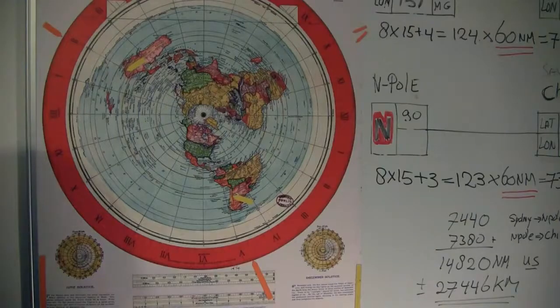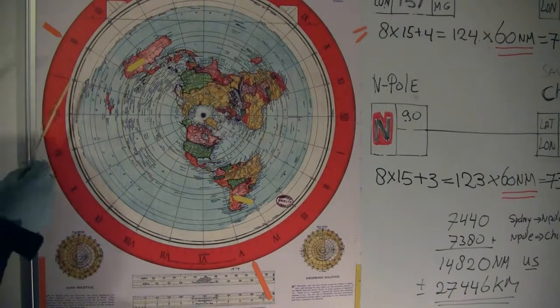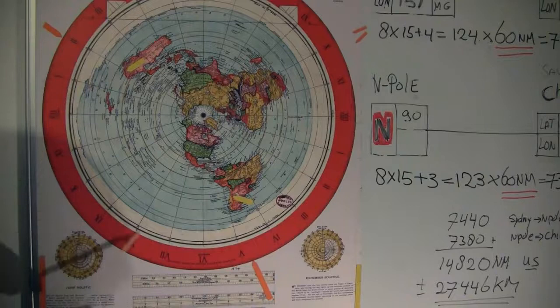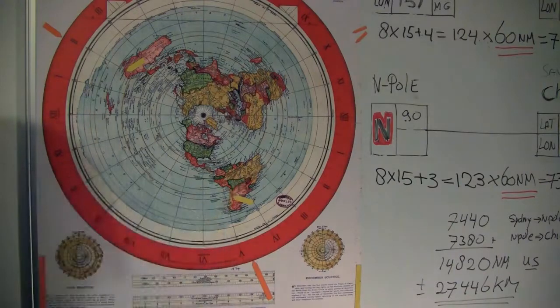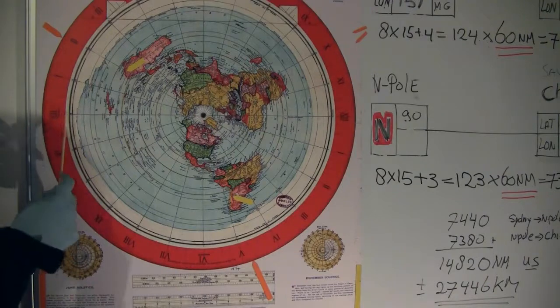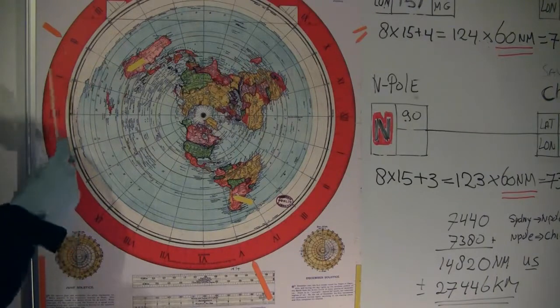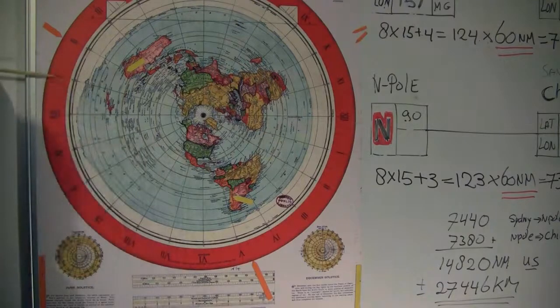To navigate from Sydney, Australia to Santiago de Chile, we have to count the number of degrees between Sydney and Santiago de Chile. That's 1, 2, 3, 4, 5, 6, 7, 8. So it's 8 times 15 degrees. Each longitude line is 15 degrees, plus 14 degrees. This is 5, 10, 11, 12, 13, 14, because this is 1 degree.